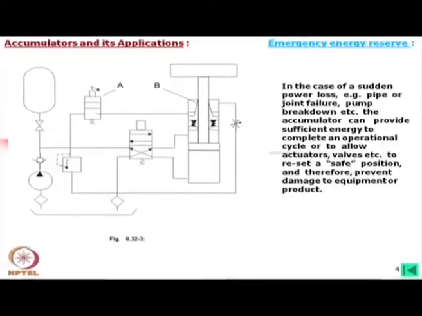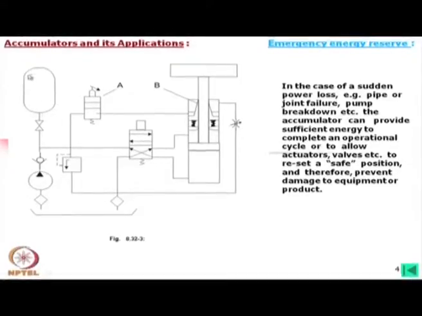Now, what is in this circuit? What we find is that there is the pump, this is of course the filter, and this is the reservoir, from where the oil is being pumped through a non-return valve or check valve. Okay, this is very schematic, it might be with spring or without spring, and then in that line an accumulator is fitted.